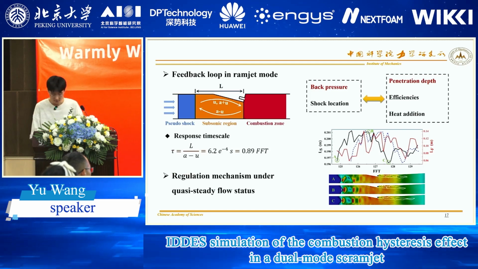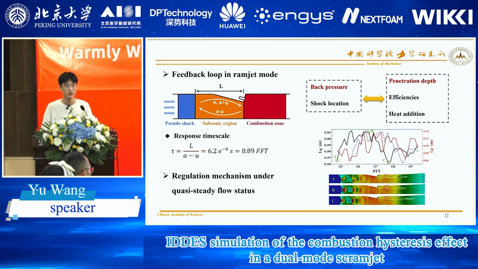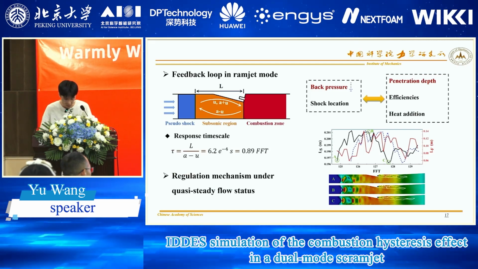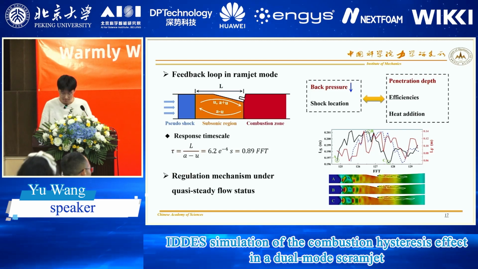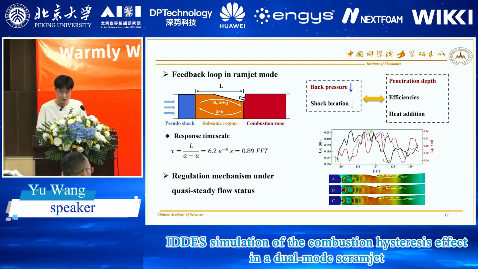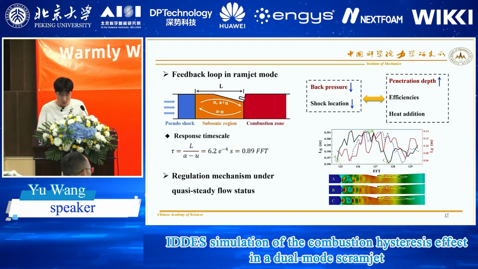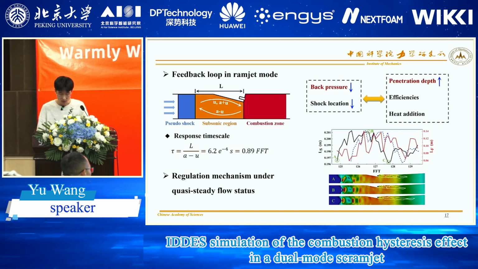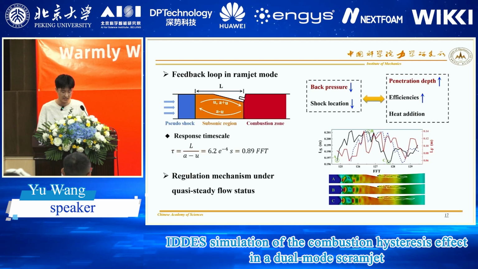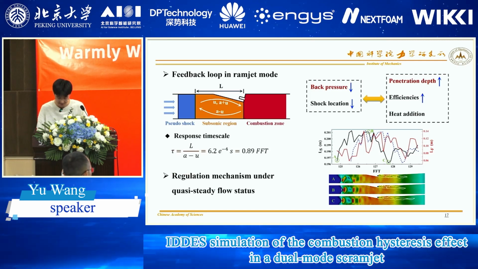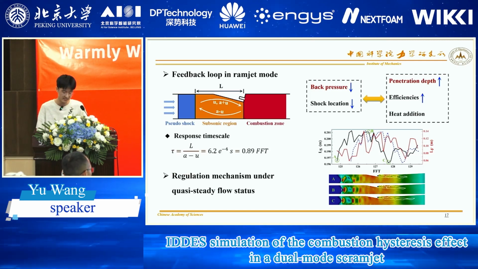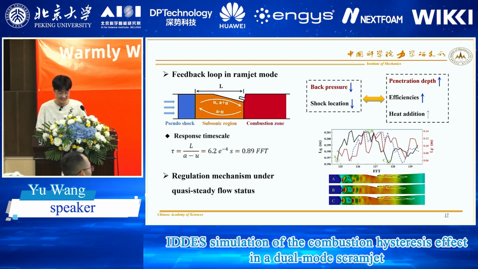As we mentioned above, the back pressure in the combustor will first decrease as the ER decreases. Then the shock structure moves downstream to match the back pressure. Meanwhile, the fuel penetration depth increases, and then the mixing and combustion efficiencies increase, resulting in an increase of heat addition.